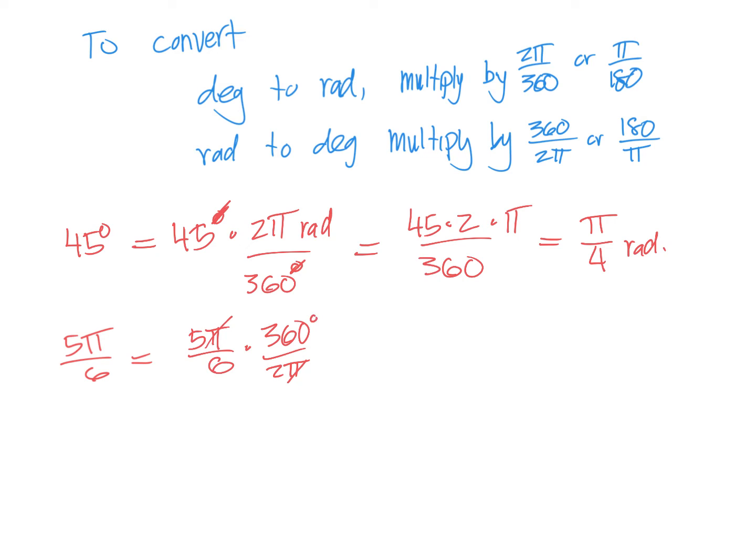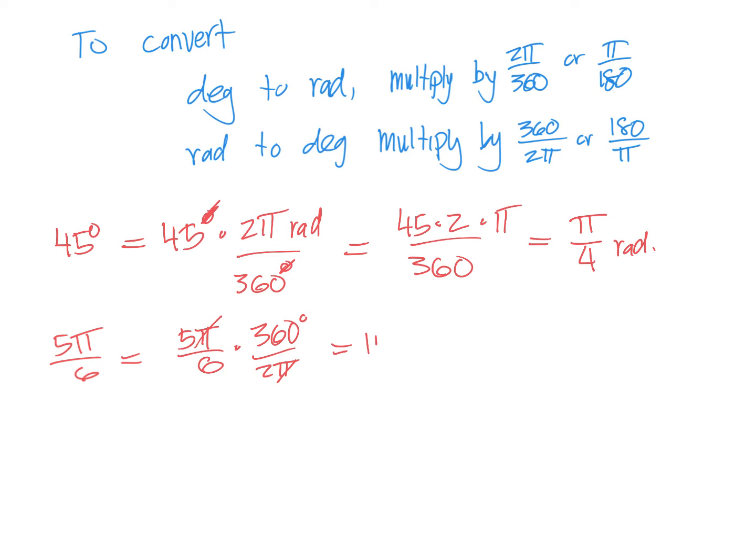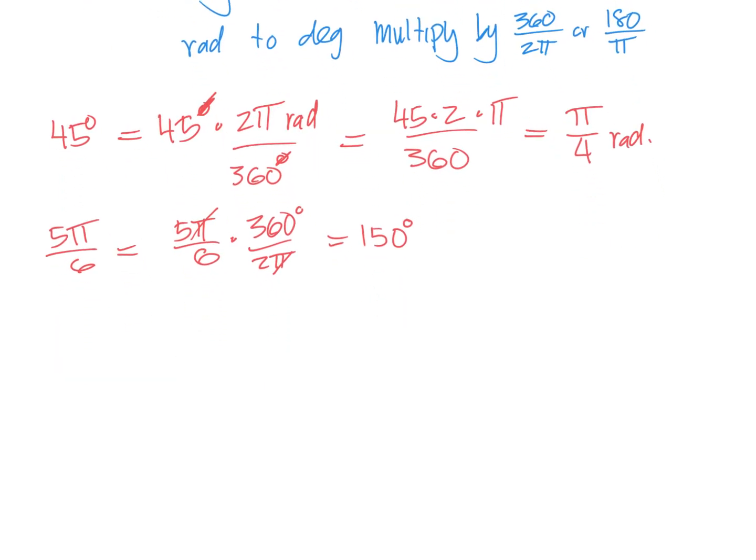When we're writing radians, you don't need to write the units. Now we have 5 times 360 over 6, and that simplifies to 150 degrees. So we now have a way to convert back and forth.